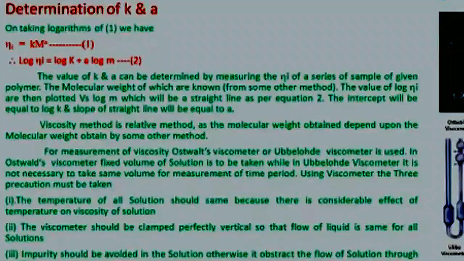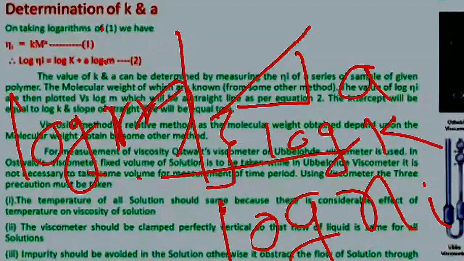The values of log eta I are then plotted versus log M. Now see equation 2, it is the equation of a straight line. The intercept will be equal to log K and the slope of the straight line will be equal to A.